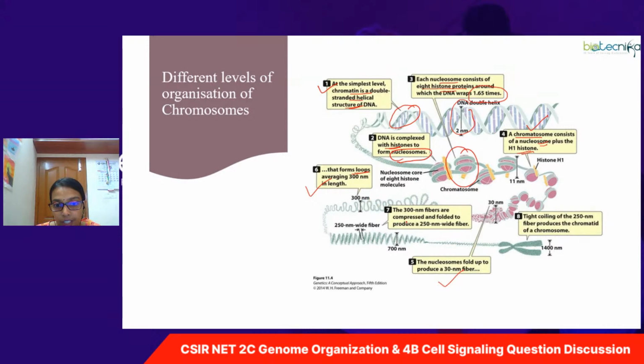After that, it will be more compressed and folded like this, 250 nanometer width. And finally, you will find the tight coiling of this 250 nanometer fiber, which you can visualize in the metaphase stage of the cell cycle, the metaphase chromosome. So this is how your genome organization takes place.